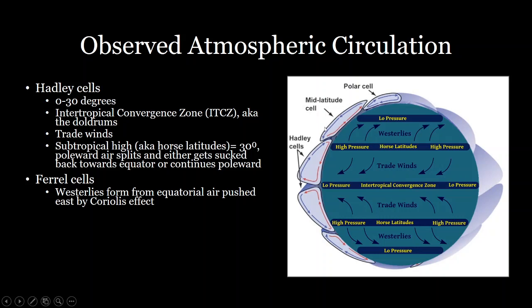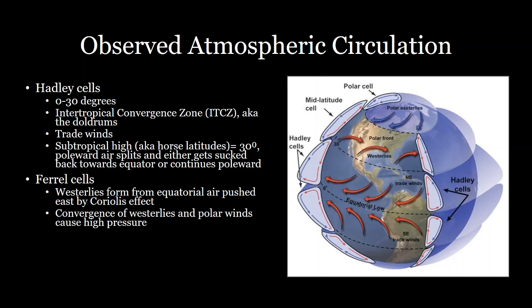As that air moves down at the subtropical high, it then spreads apart and either goes back into the Hadley cell or goes poleward into the Ferrel cell. As that air near the surface moves poleward, the Coriolis effect causes that air to move eastward, and so you have winds that are mainly moving from west to east, or westerlies.